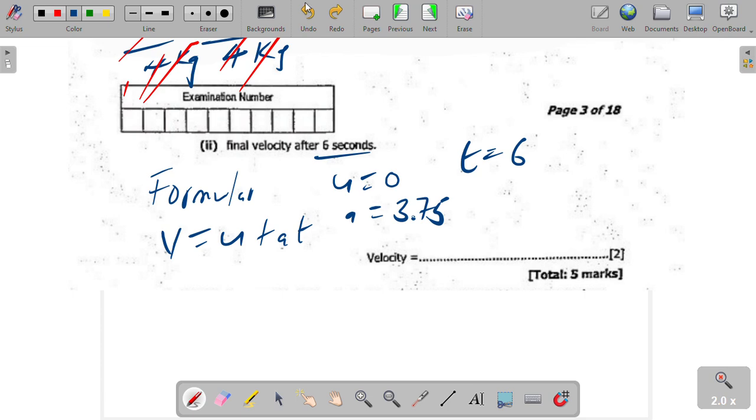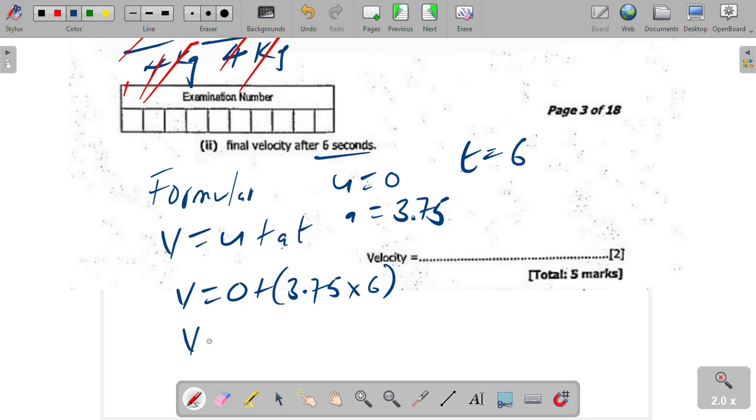So now let us replace the values so that we find the answer. Velocity is equal to initial velocity, 0, plus what's our acceleration? 3.75 times 6 seconds, our time.